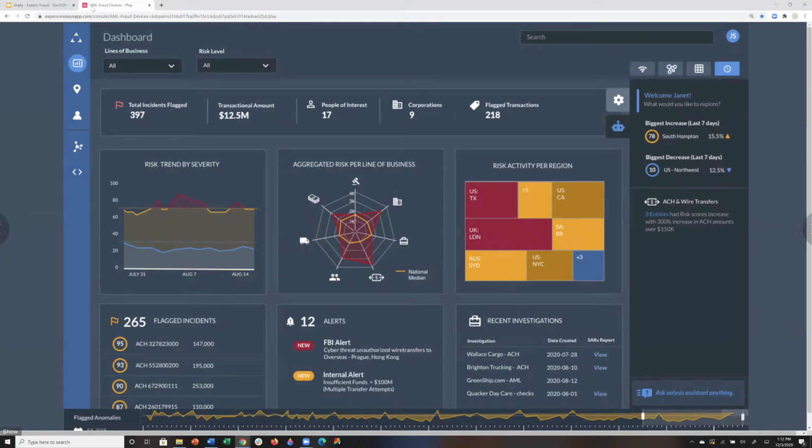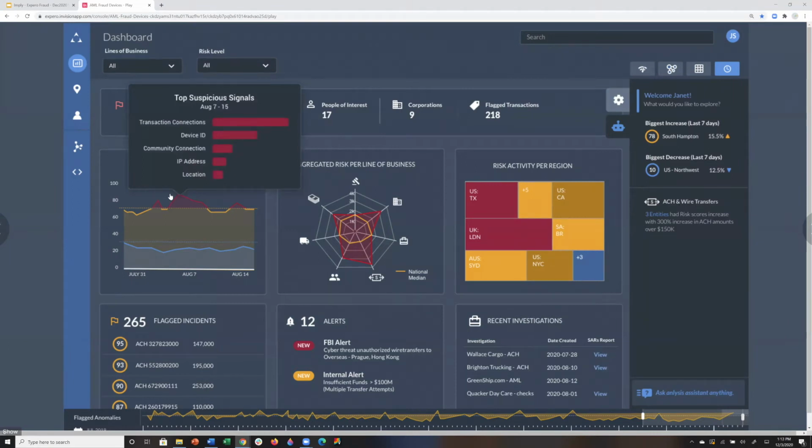Now, in this case, what I can see in the dashboard is I see some trends. And so maybe I'm an executive or that line of business person, and I can start to see, well, that's interesting. I'm seeing more people that are using false or connected device IDs. I may see communities where people are now either learning from each other, or perhaps they are rings of people that are working.